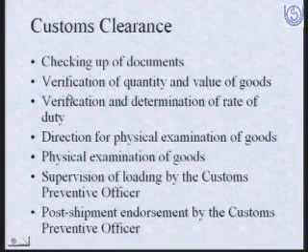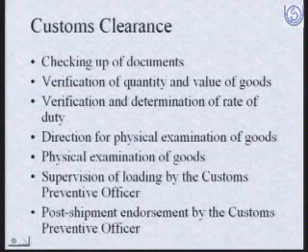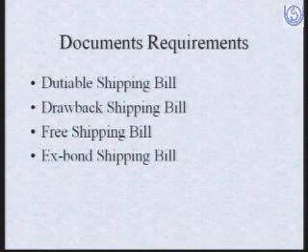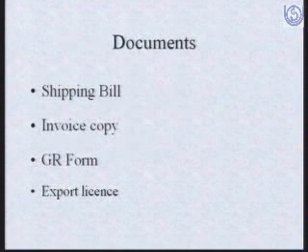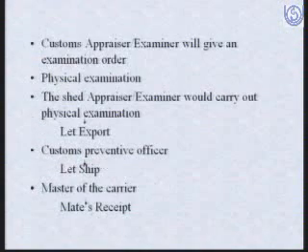Now in customs clearance, you check the documents, and verify the quantity and rate of duty. Then you direct the goods for physical examination, you conduct the physical examination, and then you put them on board. Regarding documents, the shipping bill is the important document for this purpose.